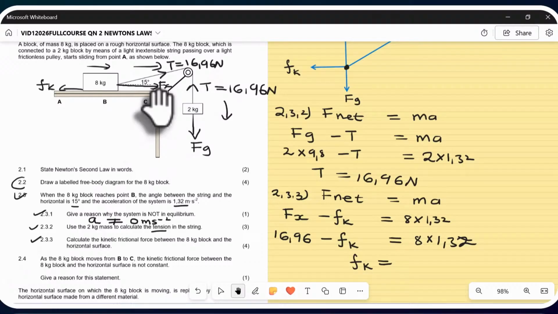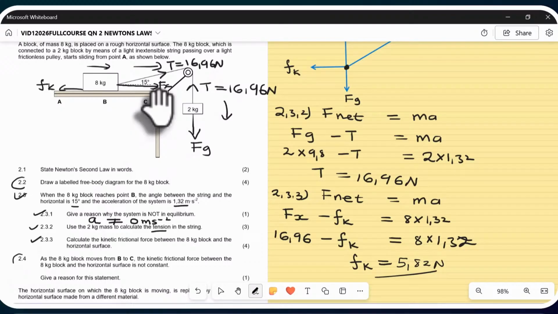As the 8 kg block moves from B to C, the kinetic frictional force between the 8 kg block and the horizontal surface is not constant. Give a reason for this statement. Now, as you see here, the closer you get, there's an increase in the angle.